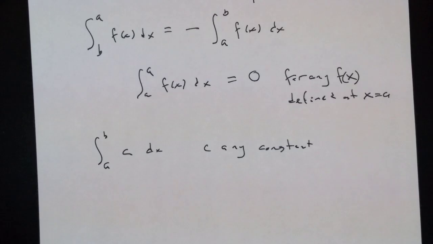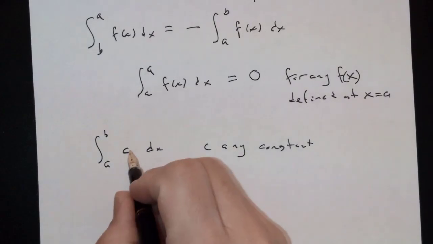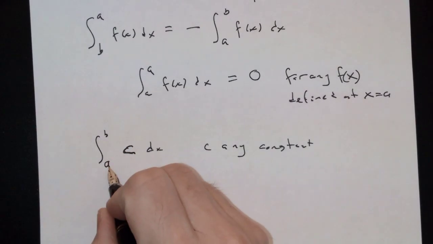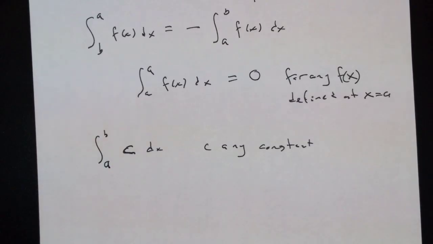Let's think about integrating a constant. The integral from A to B of some constant C. Let's draw a picture in our minds. What does the equation y equals c look like?